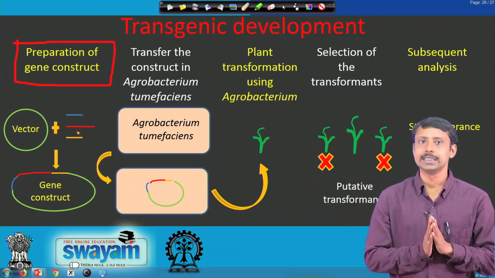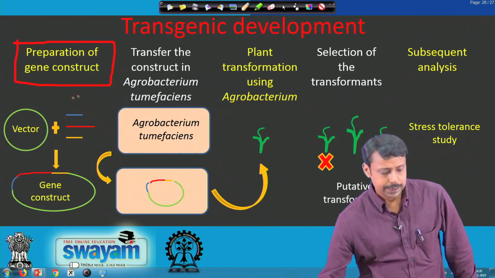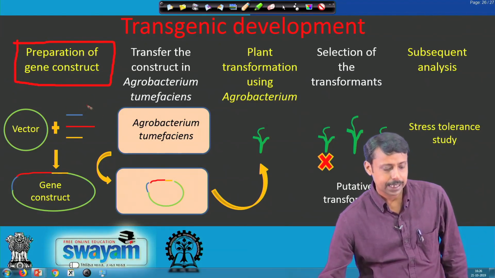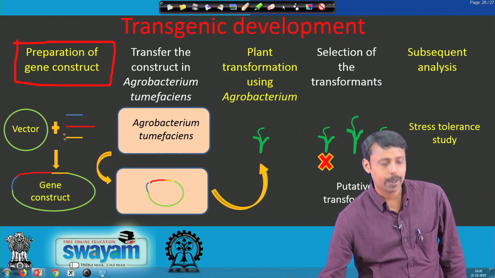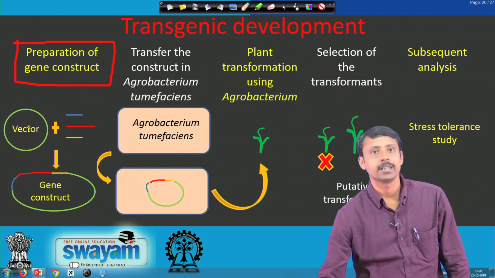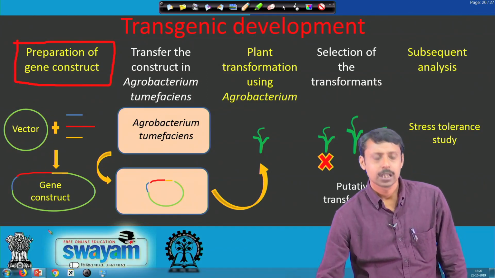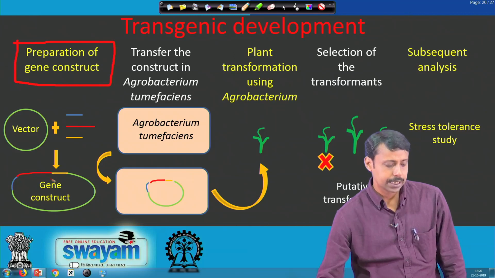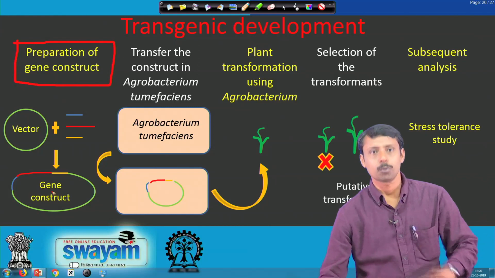These 3 things are cloned gradually one by one or at the same time inside a vector. Once it is cloned inside a vector, the gene construct is initially ready for further process.